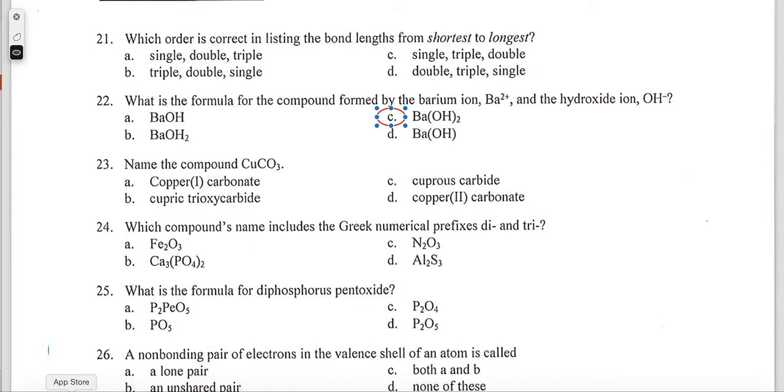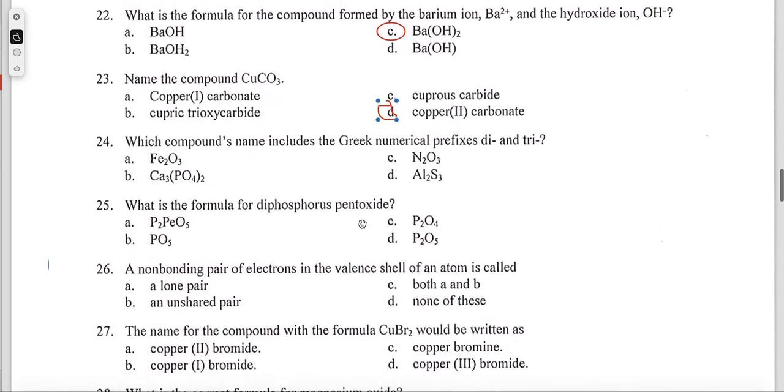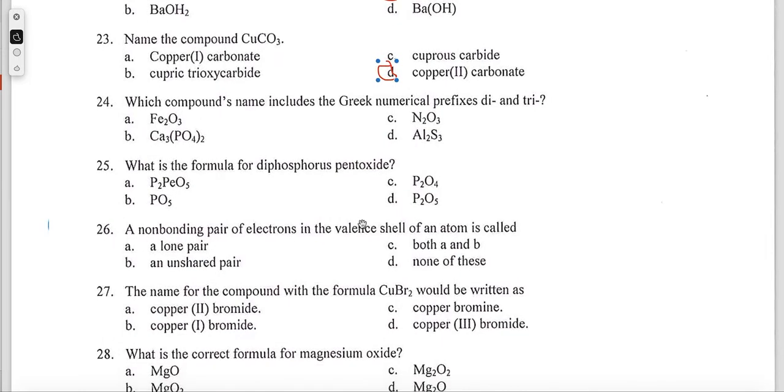Number 23, that compound name is going to be letter D, copper(II) carbonate. Okay. Number 24, which compound name includes the Greek prefixes, and that is going to be letter C. Okay. Number 25, formula for diphosphorus pentoxide.